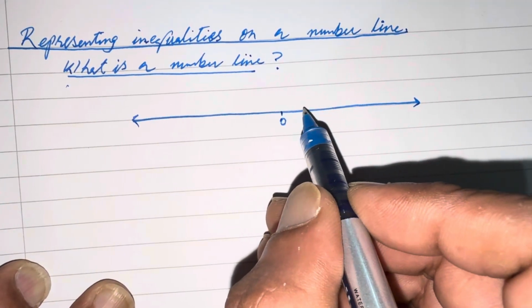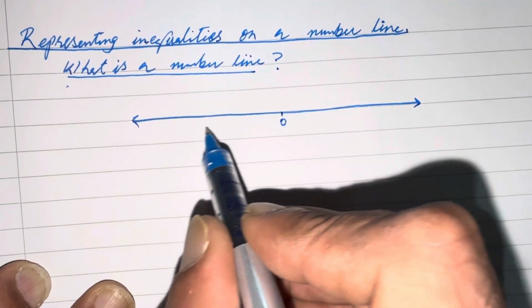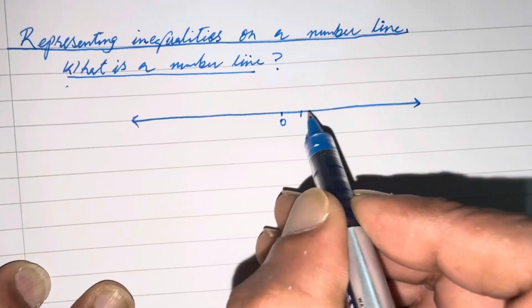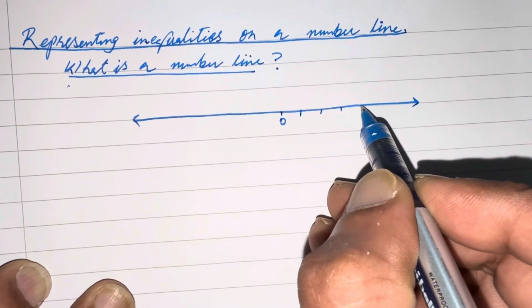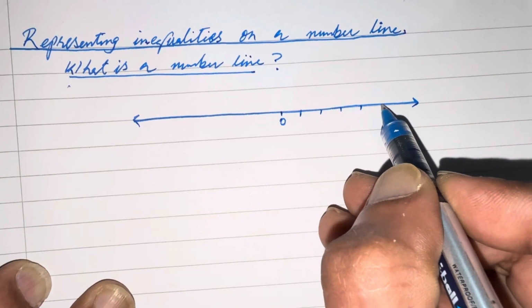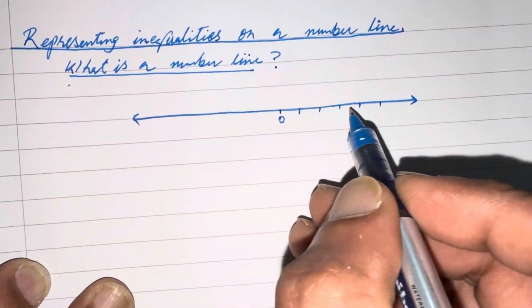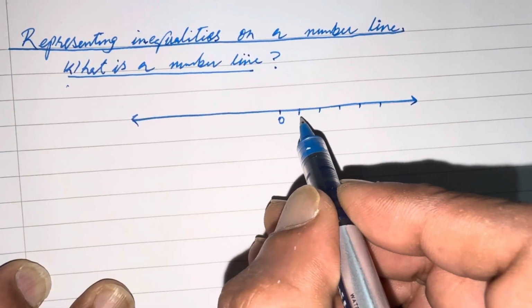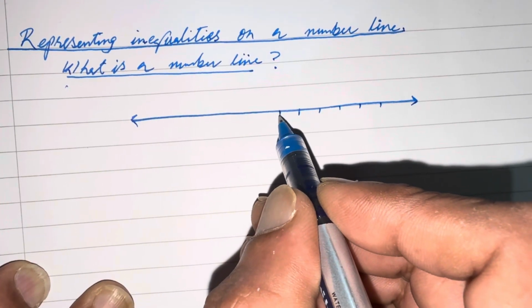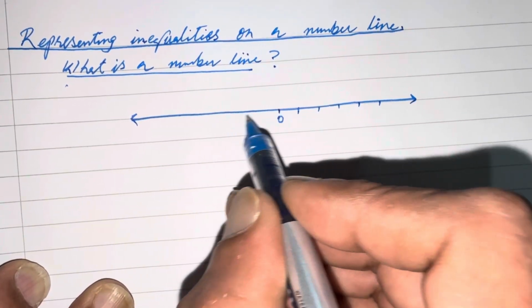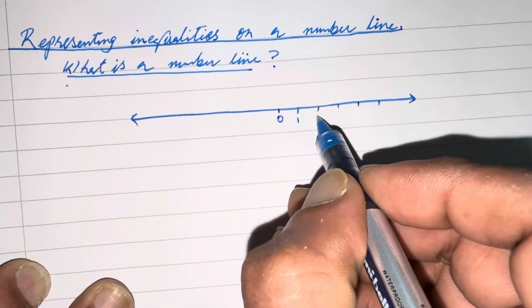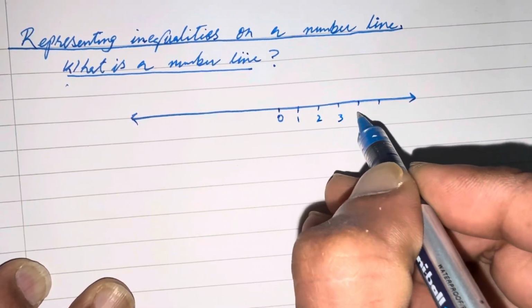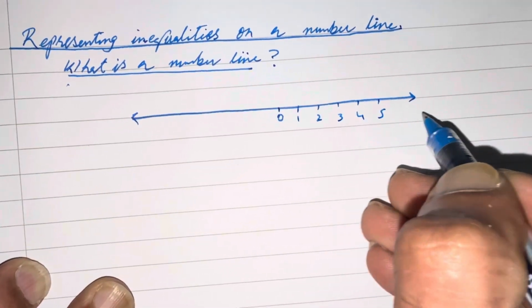As you know, the right hand side of the number line always has the positive numbers. I'm going to mention the positive numbers on the right hand side. If 0 is the midpoint of the number line, the numbers on the right hand side will be positive 1, 2, 3, 4 and 5 and so on.